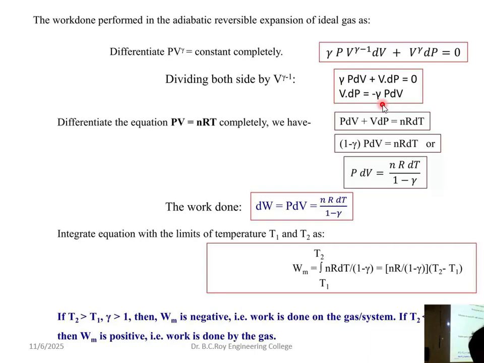If you do the same thing with PV equal to constant, the isothermal process, you know PV equal to RT. Suppose T is constant, then RT equal to constant, so PV equal to constant. So for the isothermal process, PV equal to constant. Do the differentiation on both sides, the same way. What do you get?